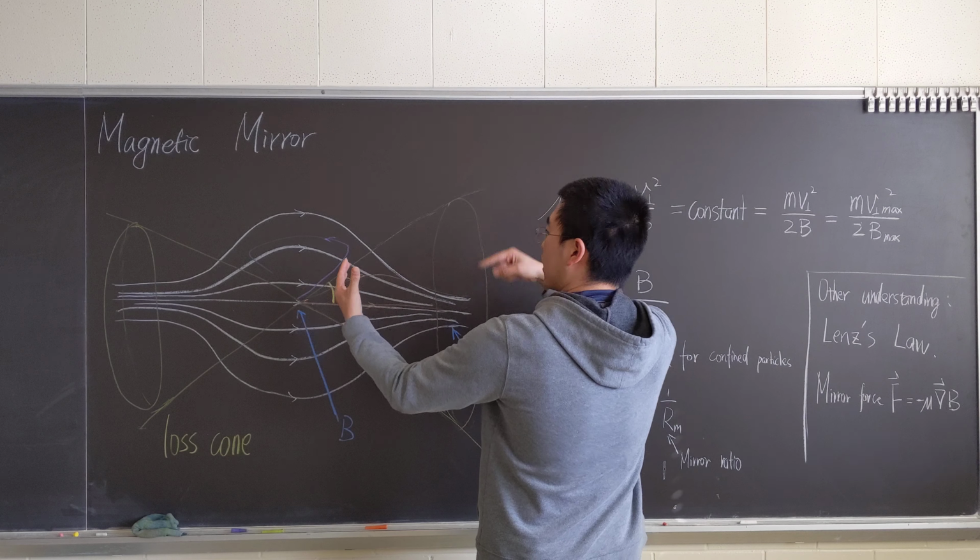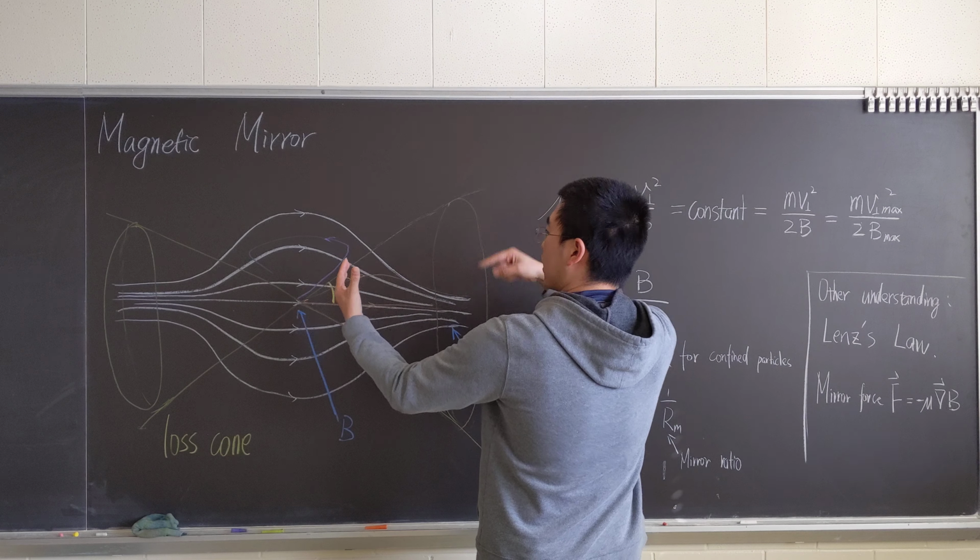Basically, it reaches here, and then the parallel kinetic energy should go to 0. So when I'm having this, V perpendicular over V, the sine theta squared, equals B over B max.